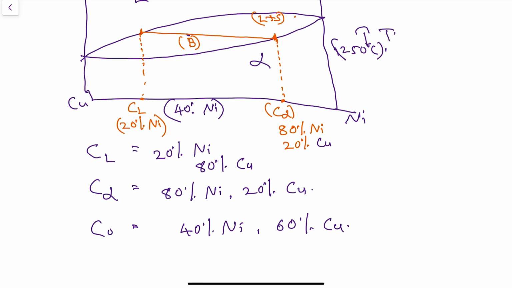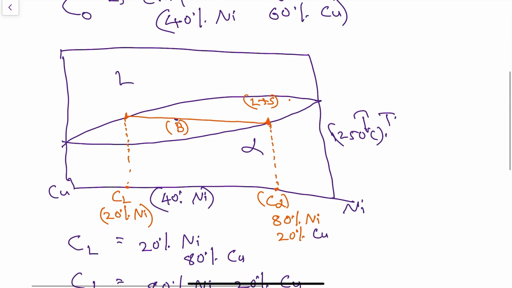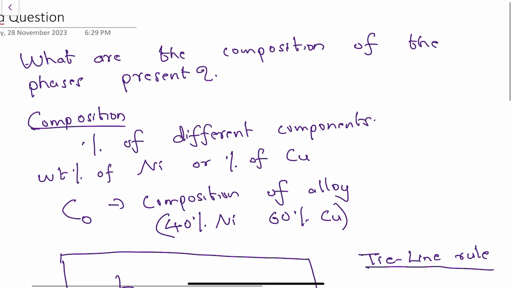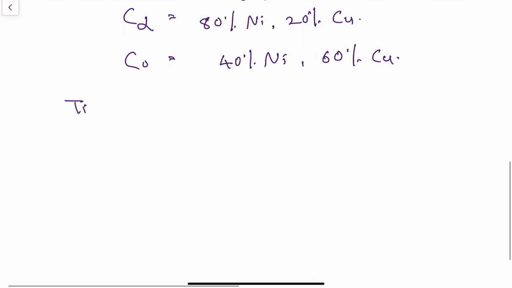So this method is called the tie line rule. We are making use of this rule to find the composition of the phases. Write the definition of a tie line also.